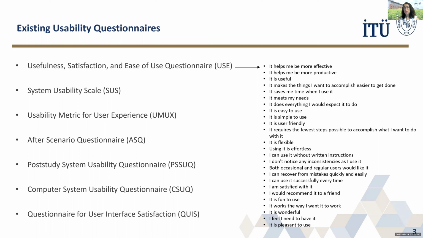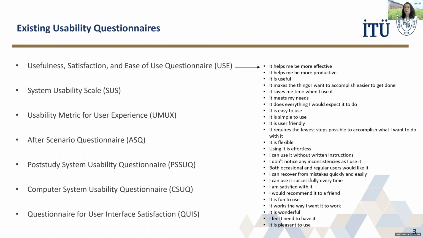It has statements that could be applied to any kind of product. For example, it helps me to be more effective. It helps me be more productive. It's useful, it's user-friendly, and it's flexible, and so on.